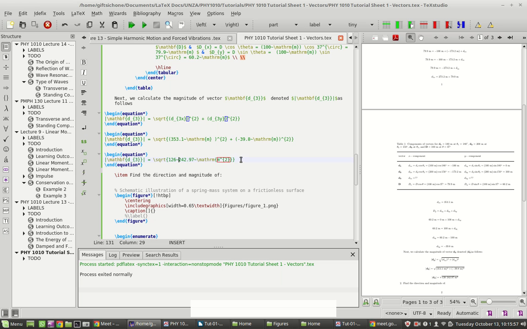Then what do we get when you do the square root of that? 355.3.